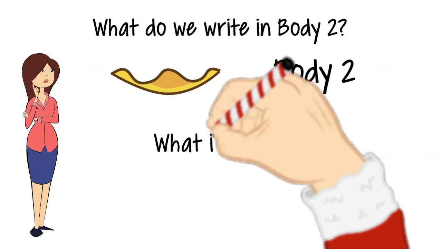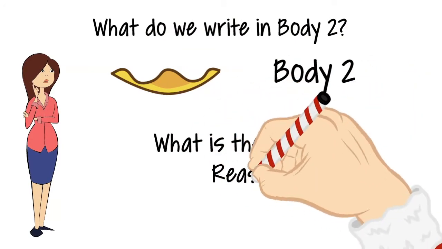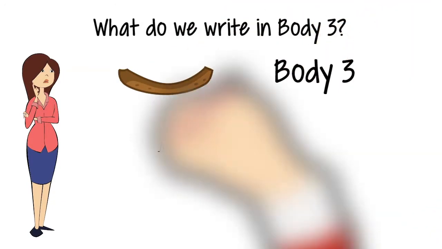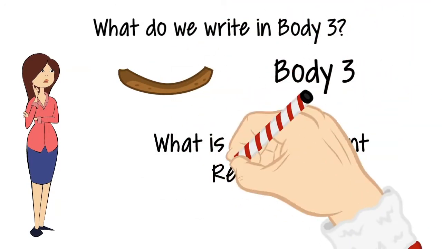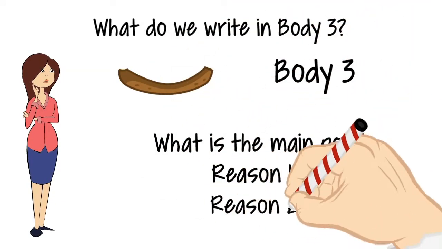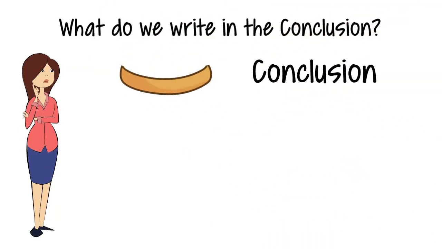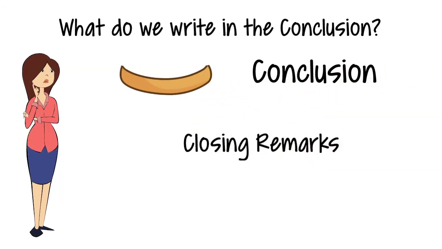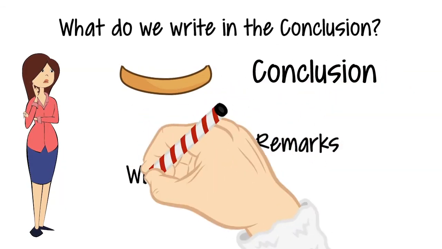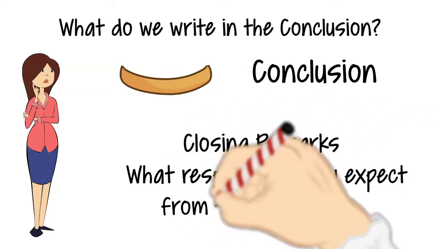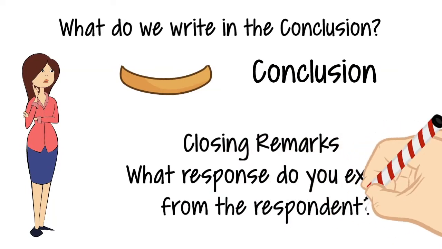It is the same for body 2 and body 3. As for conclusion, what do we write in it? We must have closing remarks. And what is the response you expect to receive?